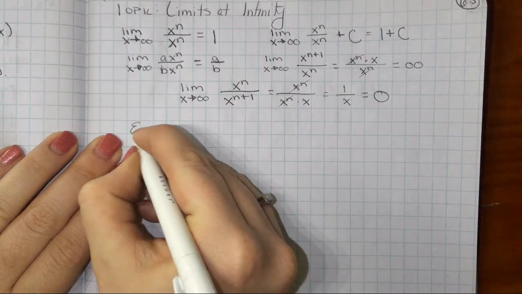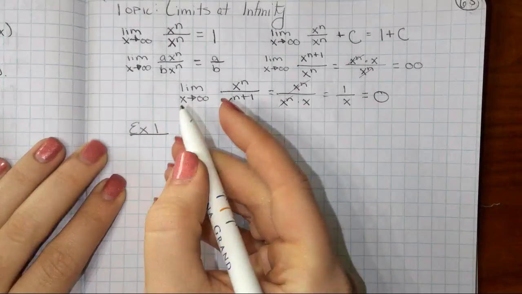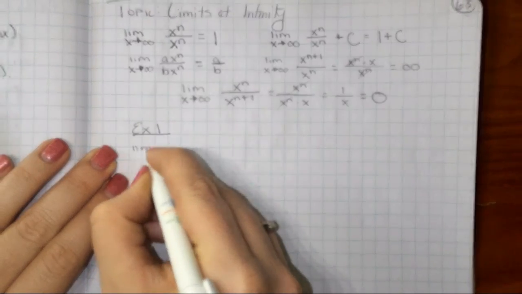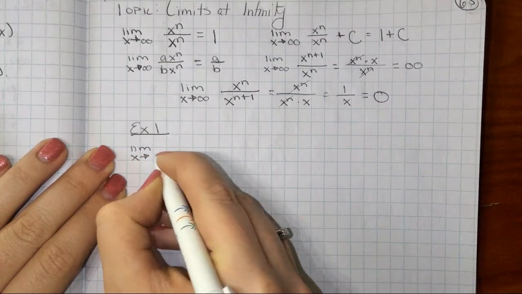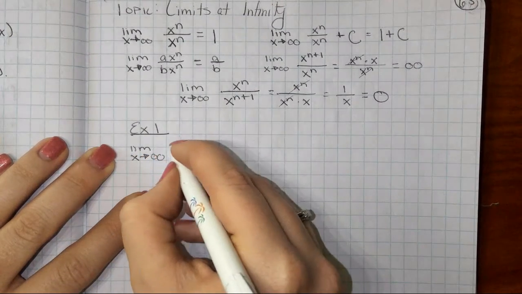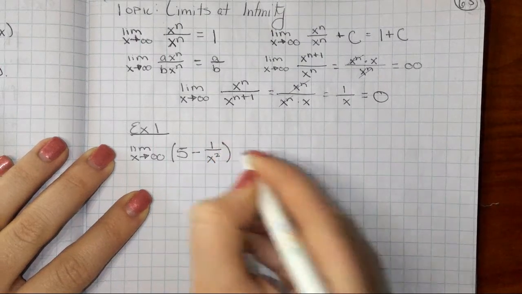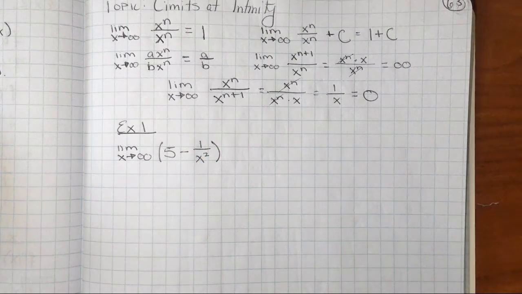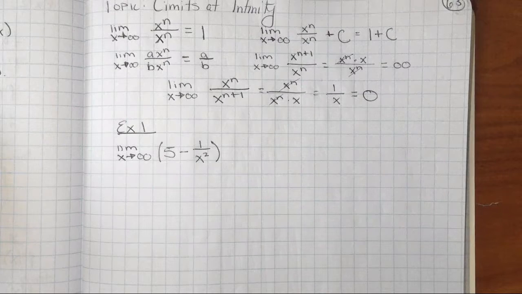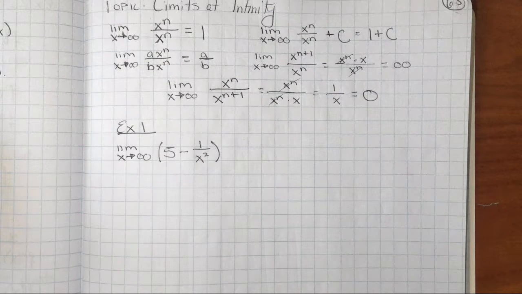So, example 1. Let's say the limit as x approaches infinity of the function 5 minus 1 over x squared. Well, some of us might be able to understand what this is, but we're actually going to prove what it is.